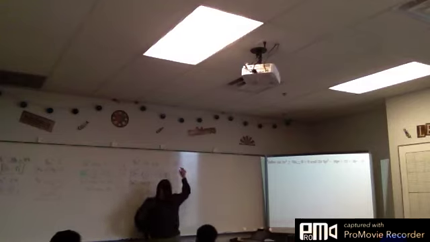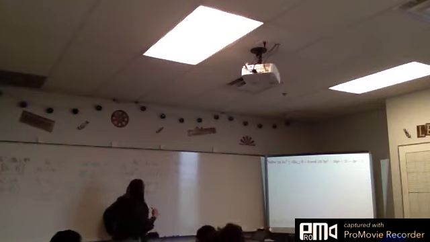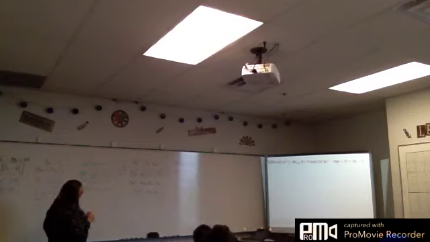And now, what are factors of 8? 1 and 8, 2 and 4. I need to get positive 10 in the middle and negative 8. If I use 1 and 8, can that get me to 10? No. If I use 4 and 2, can that get me to 10?